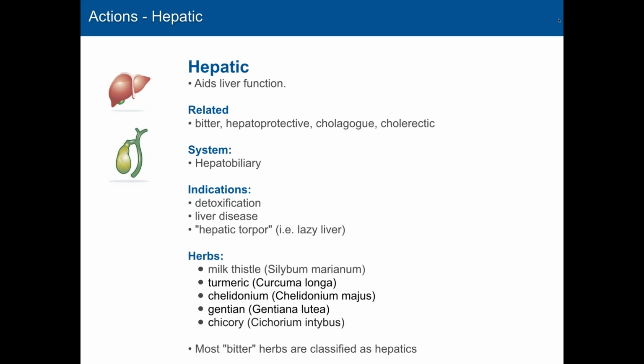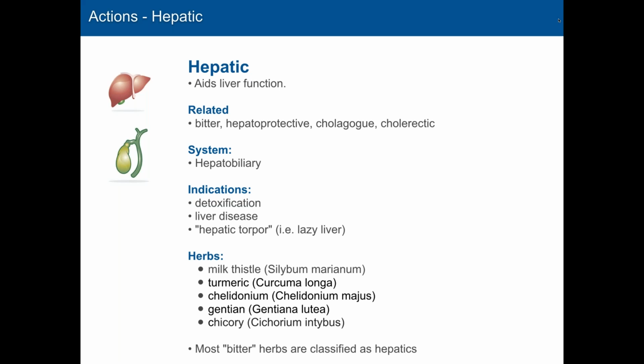You might give them a liver herb to help support that. And there's an old condition called hepatic torpor. Torpor just means sluggish or lazy. So hepatic torpor would be a patient who's coming in and their liver just seems to be burdened or not functioning optimally. And so giving hepatic herbs can help improve liver function in general.